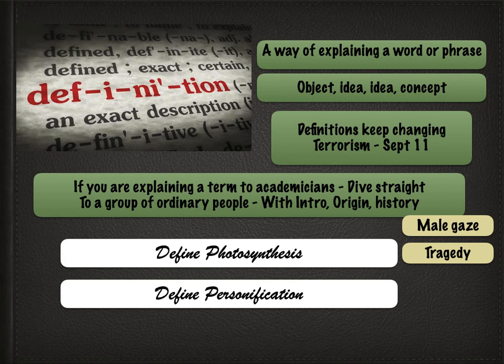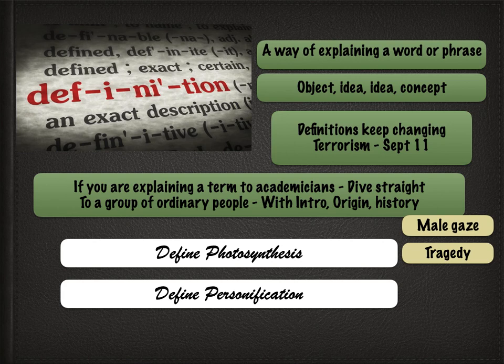Or sometimes it can be given for some kind of technical terms. So all these will be having some kind of definition. So in a way, you are explaining it in simple terms. That is how you define it. So definitions keep changing.